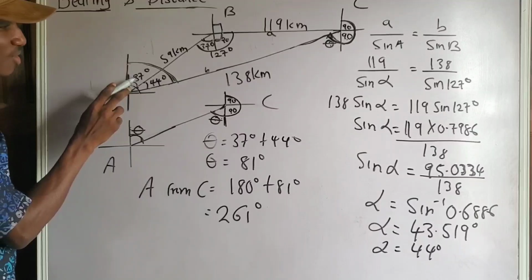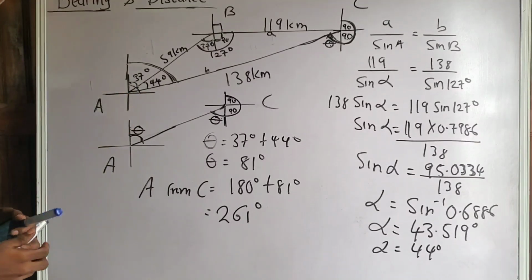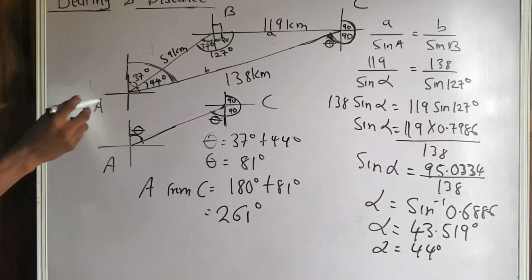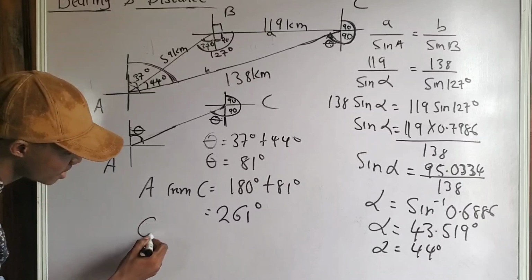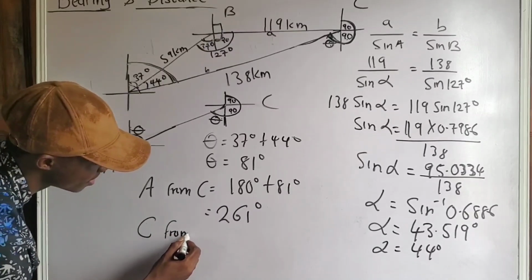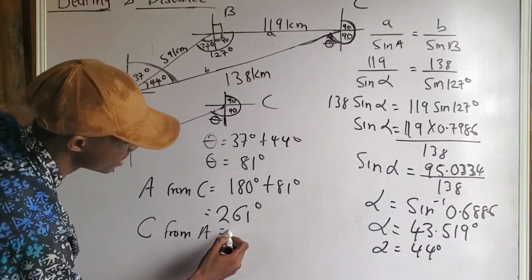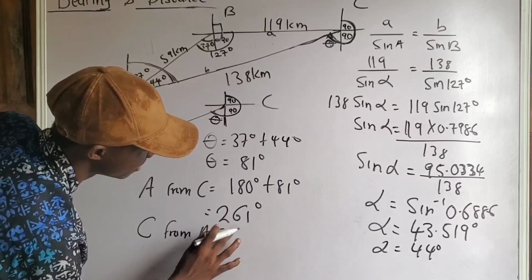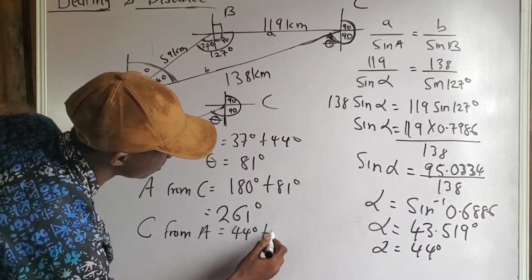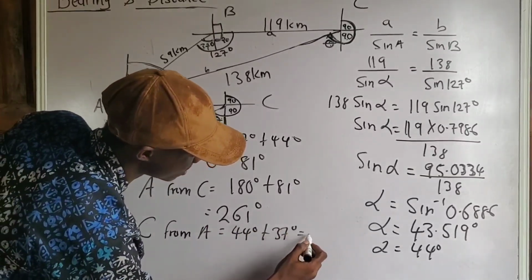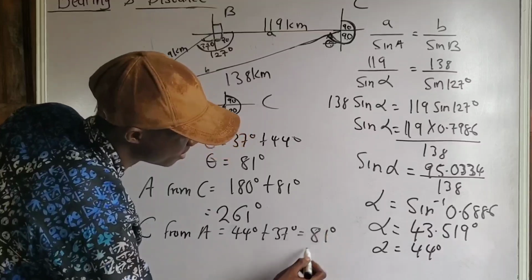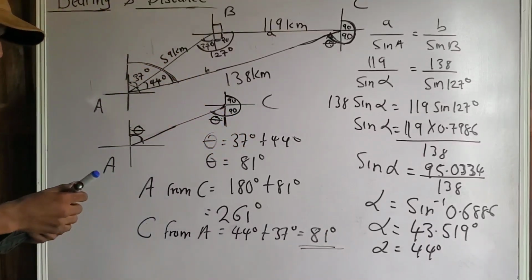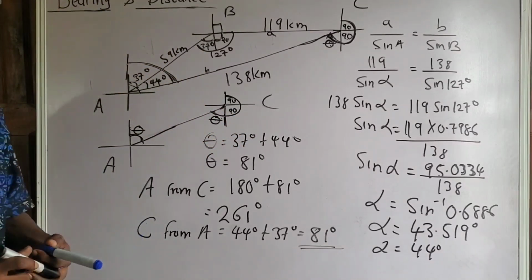So the sum of this angle and this angle will be the bearing of C from A. So the bearing of C from A will be equal to 44 degree plus 37 degree, which is 81 degree. So that is the bearing of C from A. Do you understand?